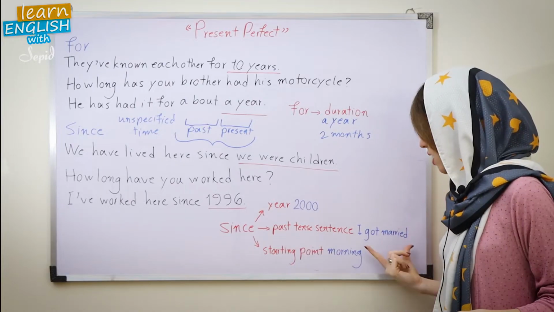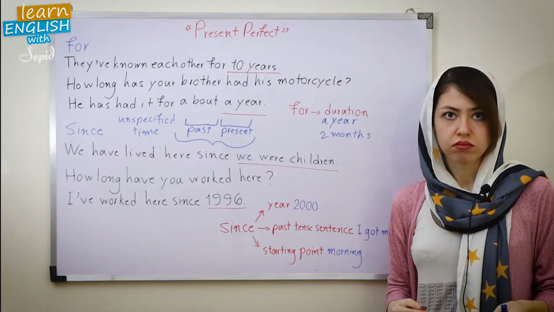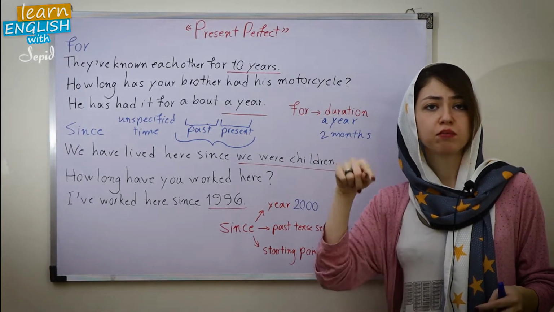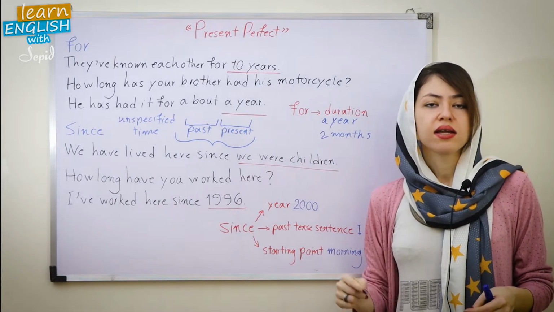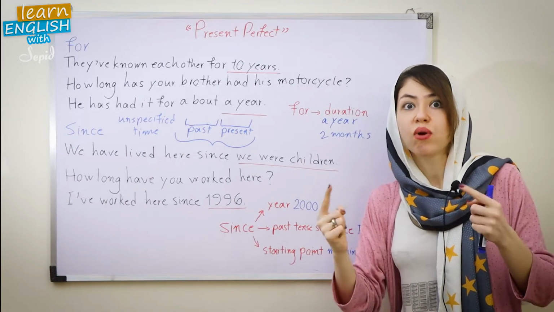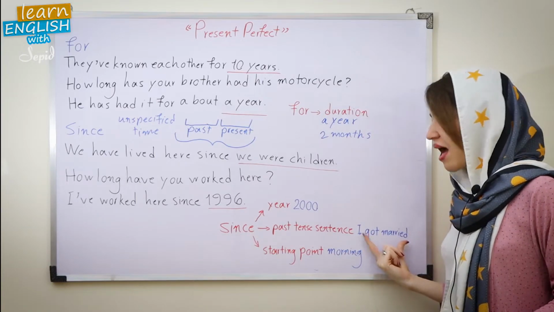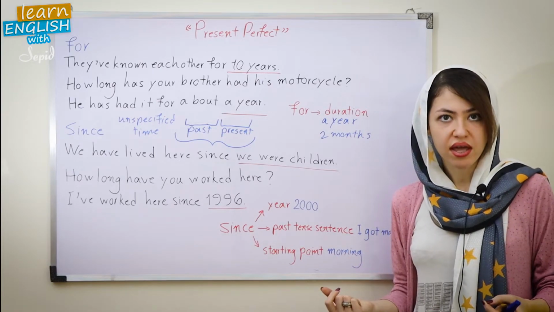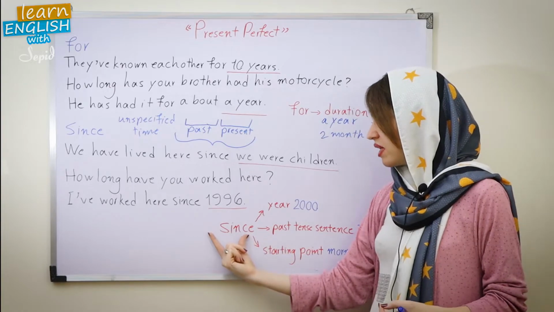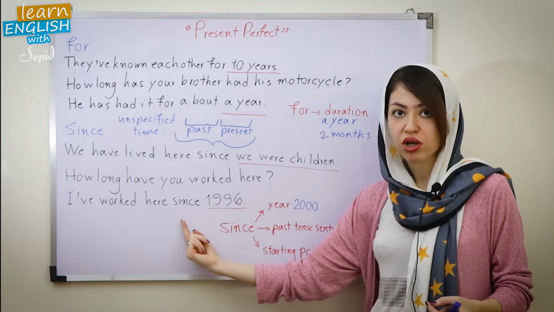For instance, I got married. Since I got married. Since I moved here. Since I lived here, okay? Since I graduated. So since plus past tense sentence, okay?